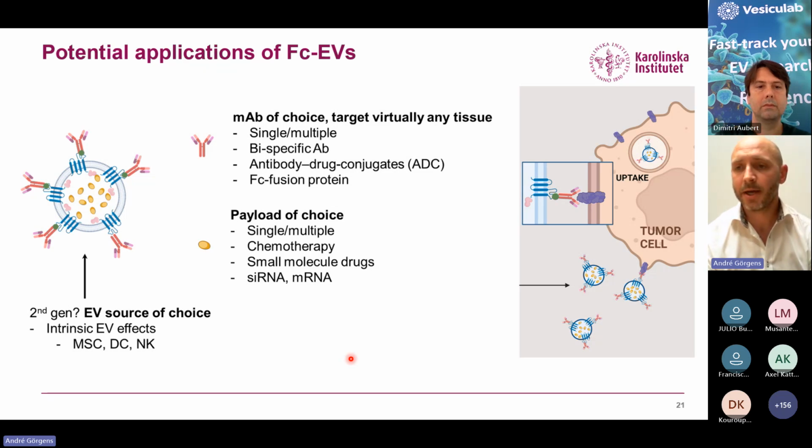We know that NK-derived EVs or mature DC-derived EVs can seem to have a natural cancer-killing effect. So depending on our target and our therapeutic application, we could also consider choosing the right source for the EVs as well.